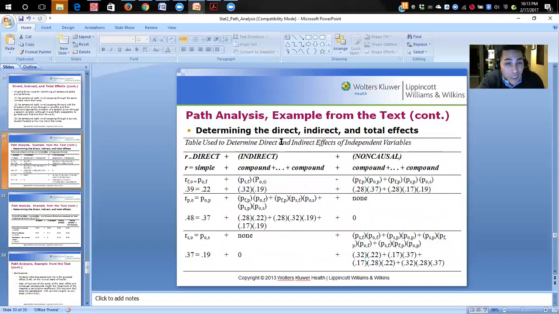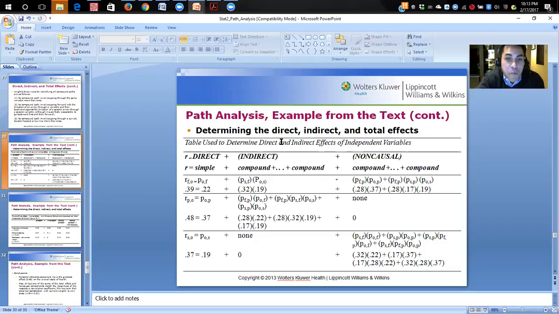Look how complex this is, but again, we now have infinite computing ability because of computers. So we can definitely do path analysis without sweating.